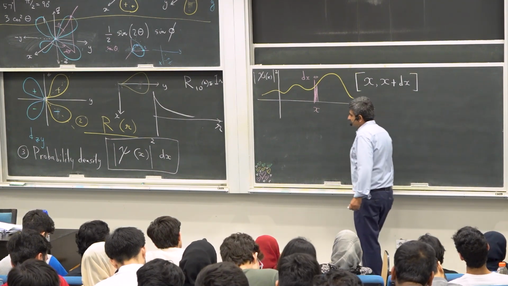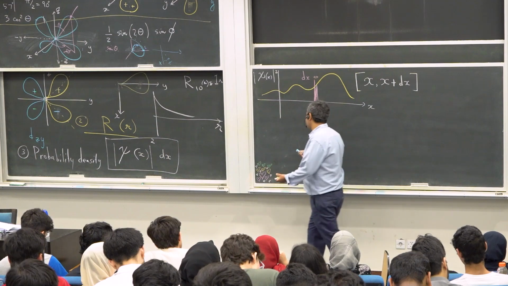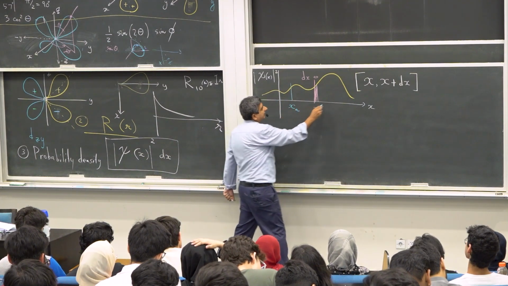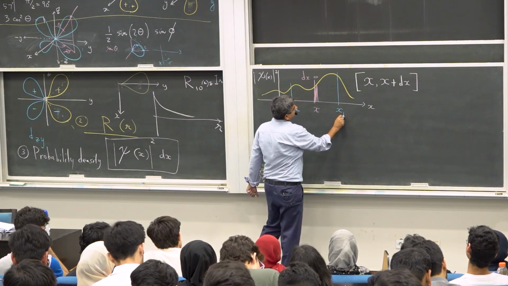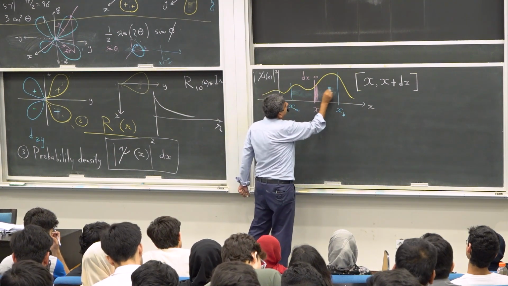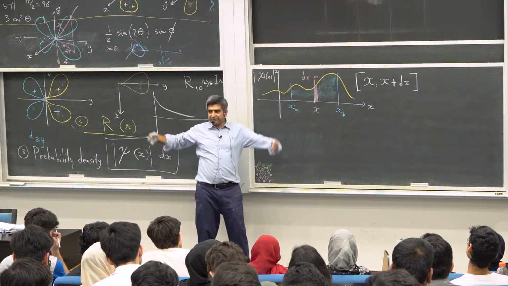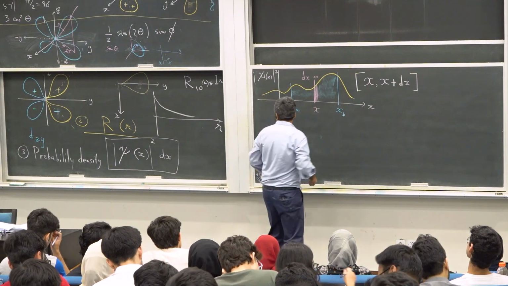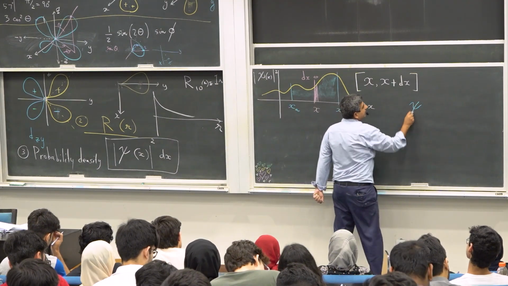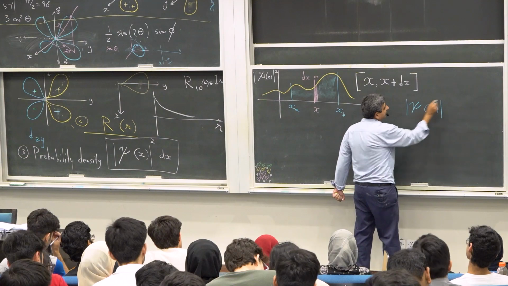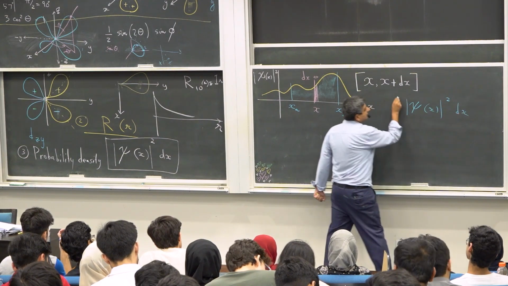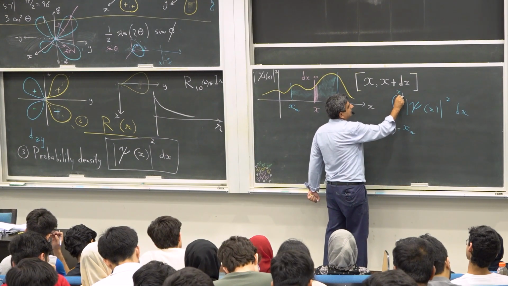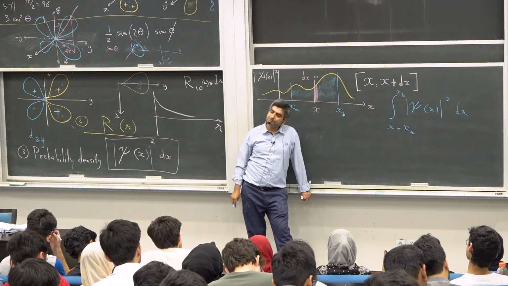So if I have 2 points xa and xb, and I want to find the probability of locating this particle between these 2 limits, what would I do? I would integrate this object psi x mod square dx from x goes to xa to xb. Correct? That's what I would do.